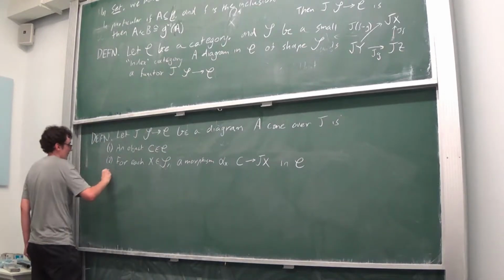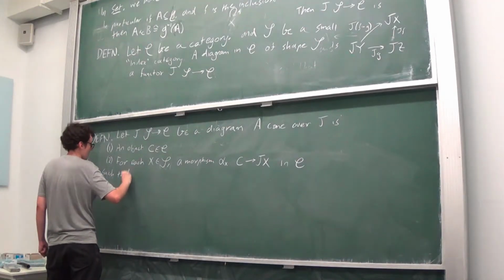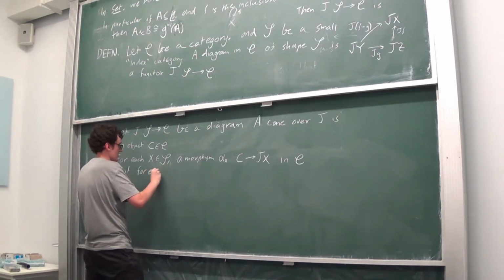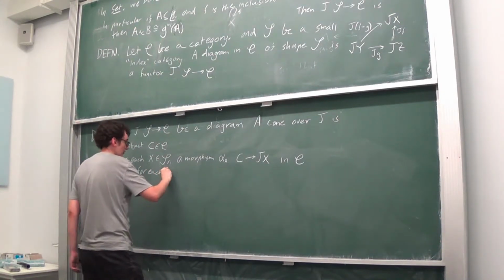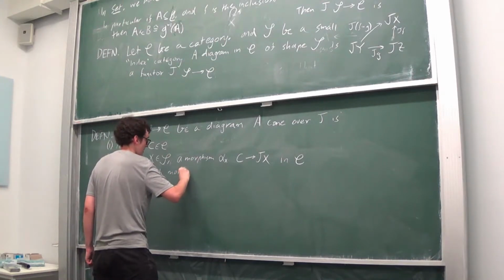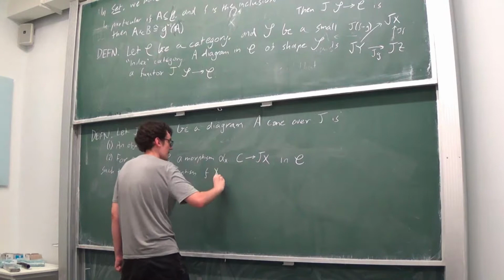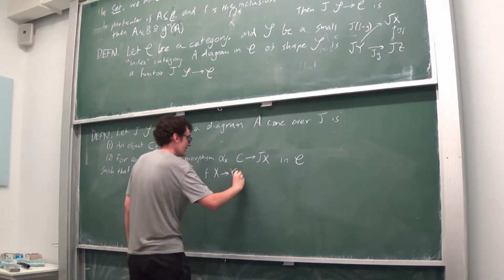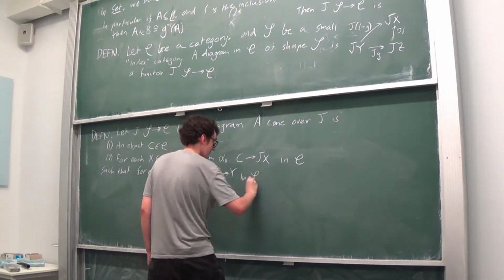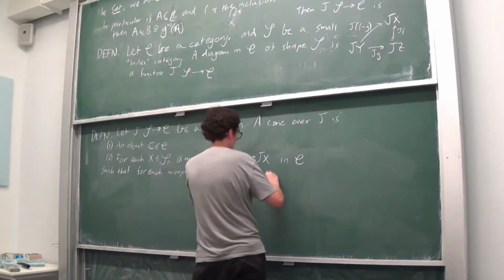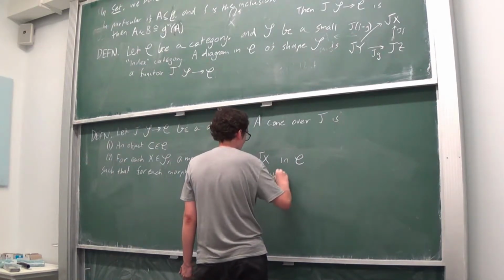Such that for each morphism F from X to Y, again in J, the following commutes.